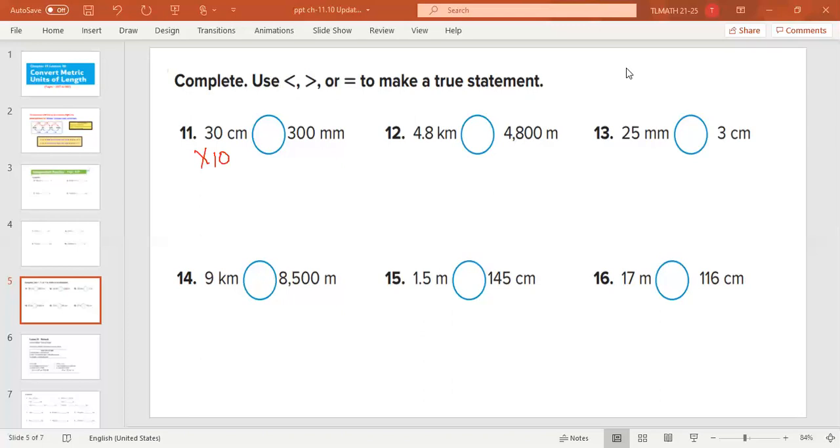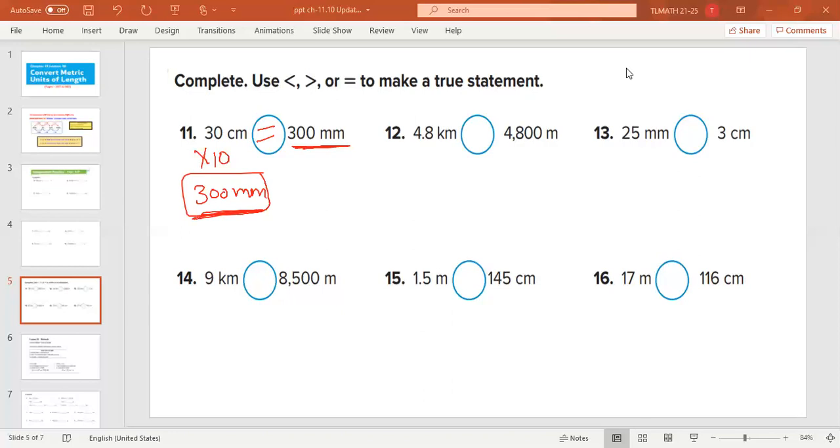Now 30 centimeter, when you multiply it by 10, the answer will be 300 millimeter. Now I can compare between these. Here I have 300 milli. Here I have 300 milli. Both of them are equal. Now let's move to the next question.